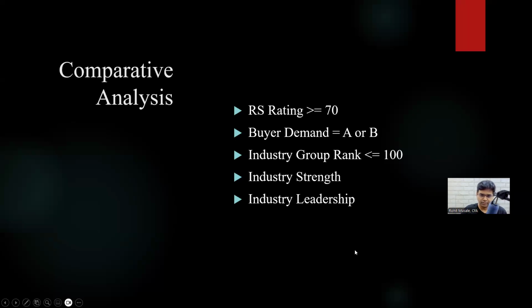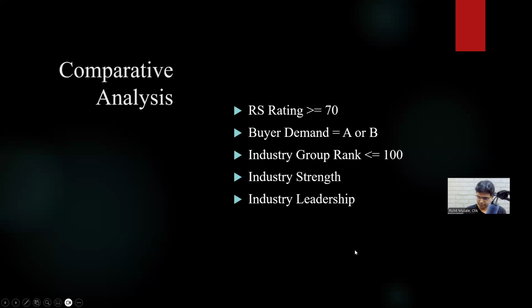How do you check industry leadership? Well, a leading stock in an industry is basically a stock which is showing very high relative strength, 80 or more. It is showing the highest growth in quarterly EPS in that industry group compared to other stocks in the same industry.